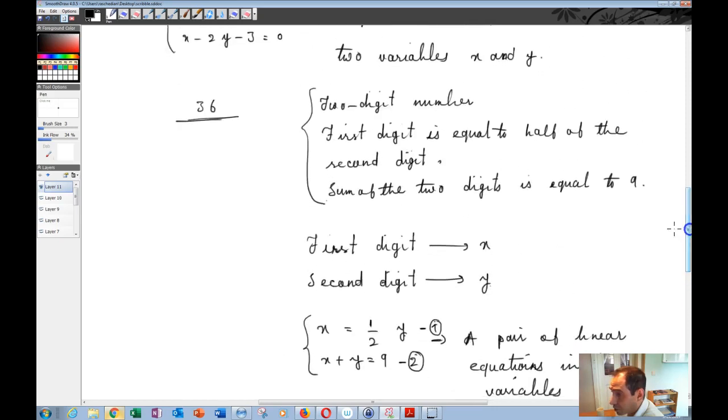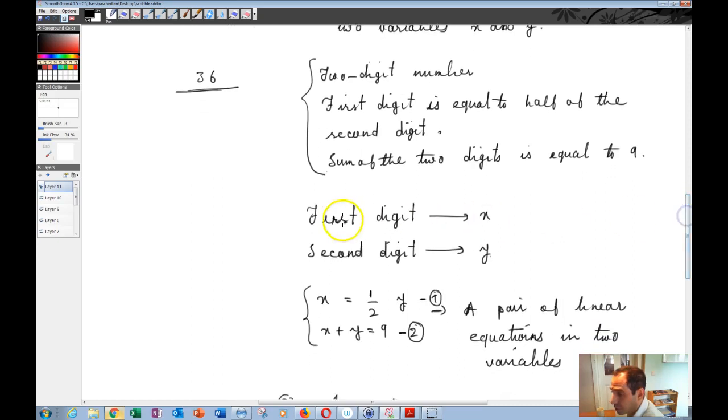Here I took the first digit as x and the second digit as y, and your x was equal to 3 and y was equal to 6, so your number becomes 36.